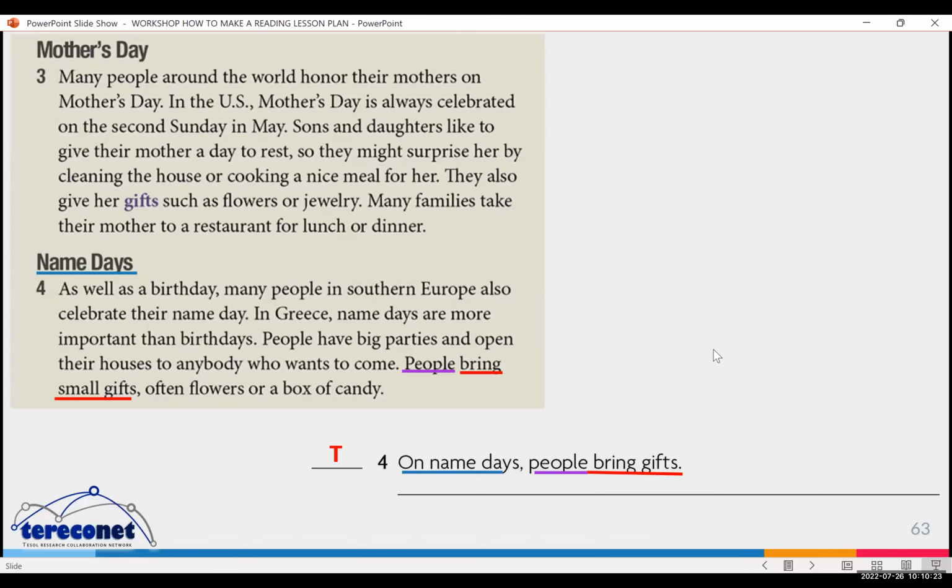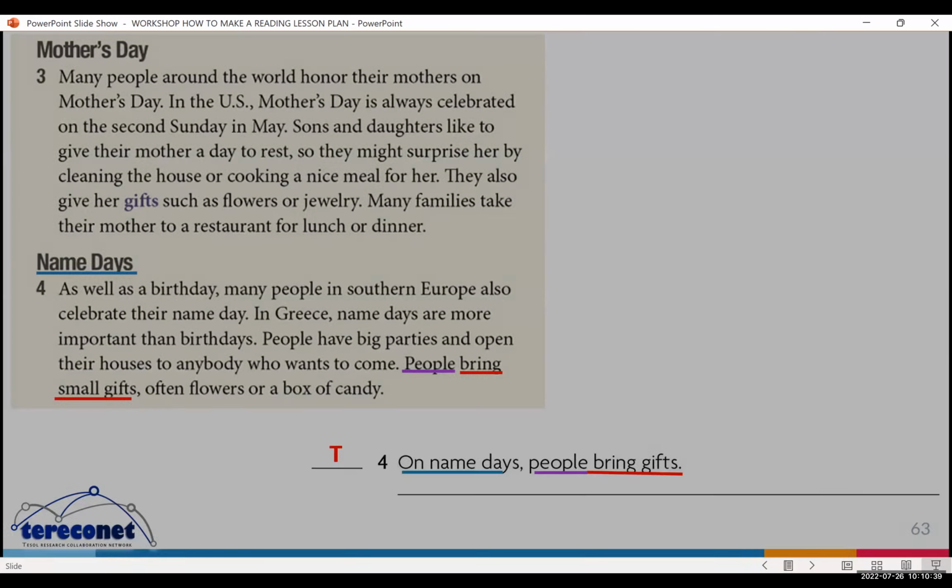Okay, then I will ask the student to tell their own strategy. If they cannot say, I will give it to them. But if they can say, it is wonderful because we can elicit the answer from themselves.